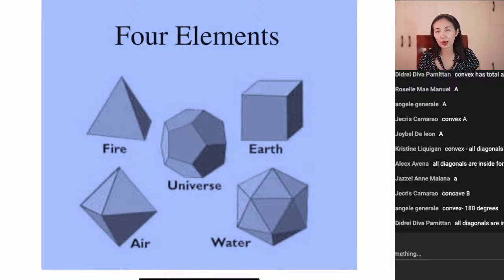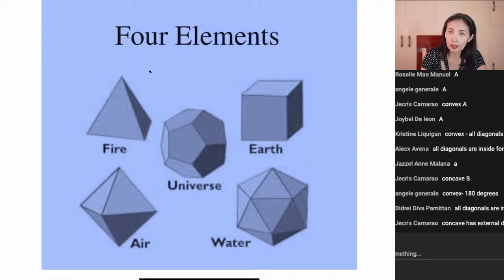Not possible. So the simplest is your tetrahedron. Once again, a polyhedron is formed by enclosing a portion of a three-dimensional space with four or more plane polygons. So your tetrahedron is made up of four regular triangles.